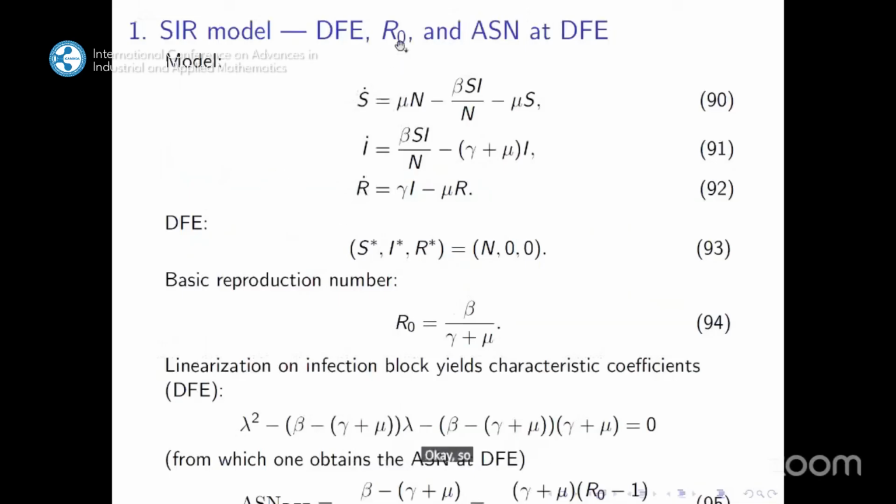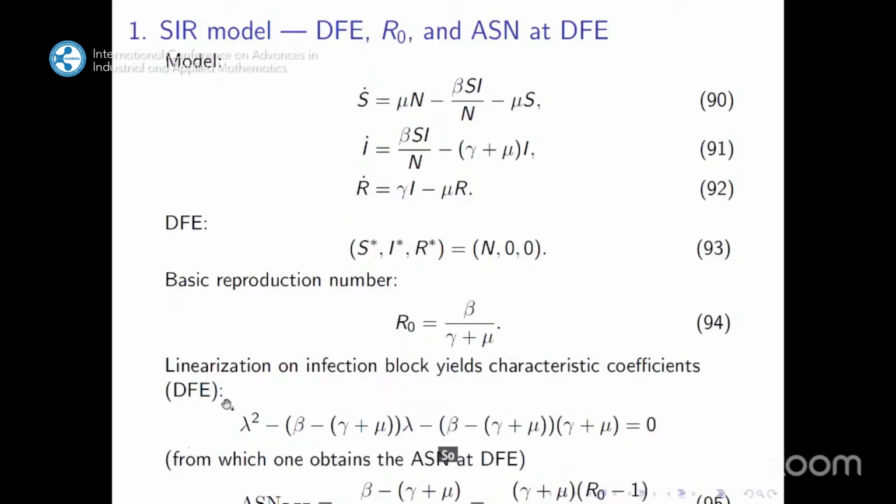So in this case, if we have that system that we saw earlier on, we know for sure the reproduction number is given by this. I'm sure most of you are familiar with this already.